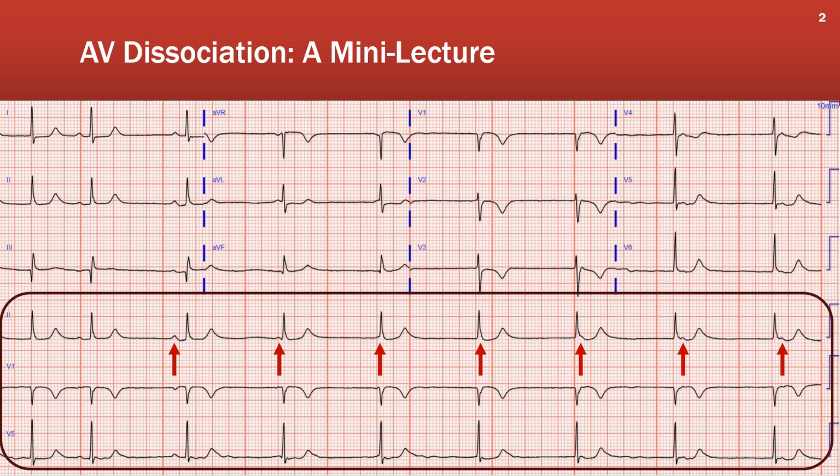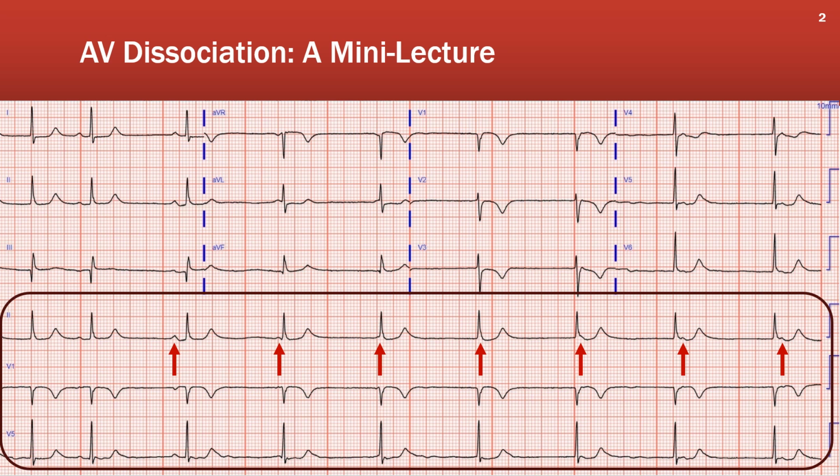Now for a pearl. When you observe PR intervals becoming shorter and shorter, think about AV dissociation. When the PR intervals are becoming longer and longer, consider Mobitz 1 AV block.